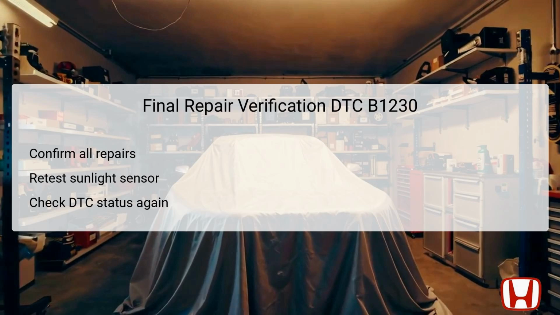After confirming its operational status, the final step is to check the DTC status again using the HDS. If DTC B1230 does not reappear, it indicates that the repair has been successful. If the code is still present, further investigation may be warranted to identify other potential issues within the circuit.